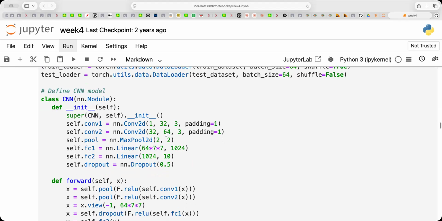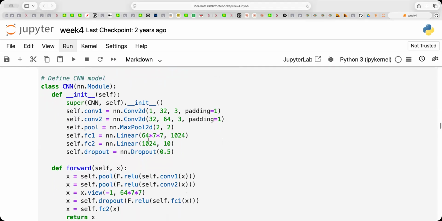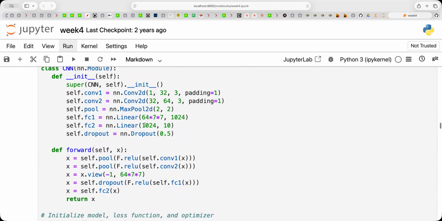This is the input, and this is what I want out. I'm feeding in 64 times 7 times 7, which is a scaled down dimension. This defines the size of my feed-forward neural network, the hidden layer. And then I have a new hidden layer with 1,024 parameters, which then feeds out to the output layer. So we will be discussing these in more detail next week.